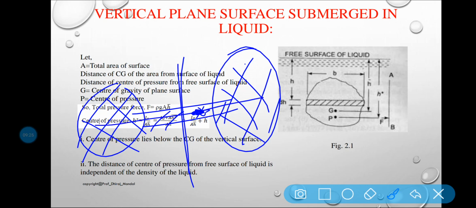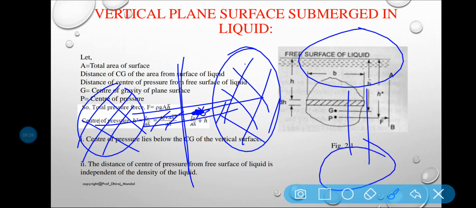So if I change the shape like this, the center of gravity will lie at the same point. It does not depend on the orientation of the body. But if you change the shape of the body, then the center of gravity may change. Okay, now I think it is clear what center of gravity is.